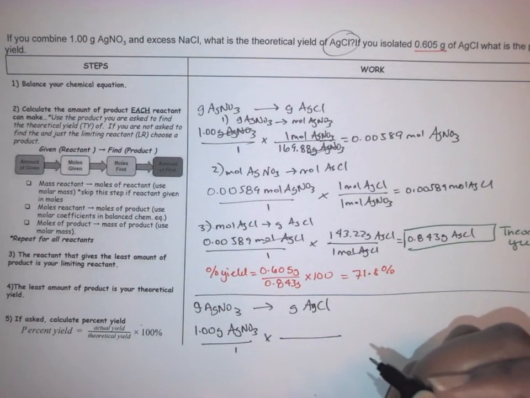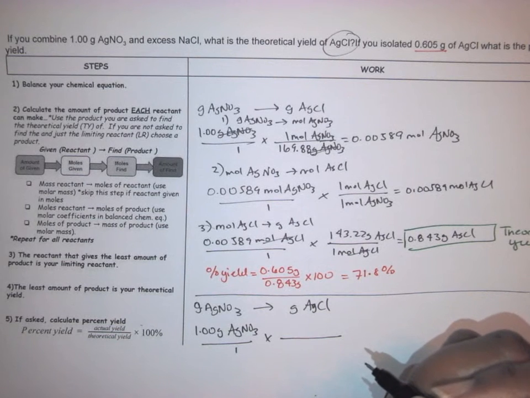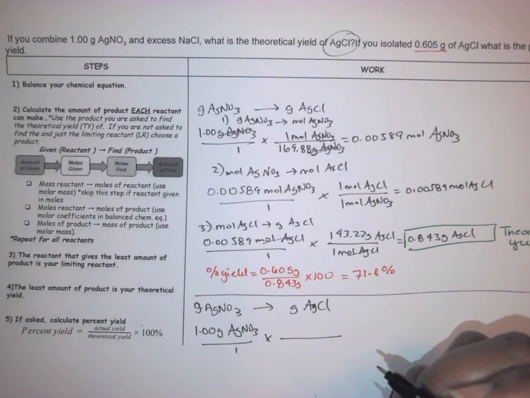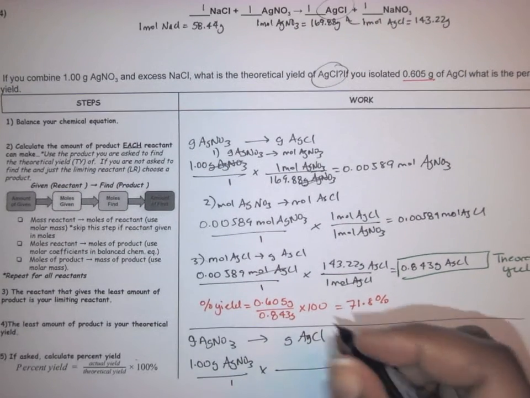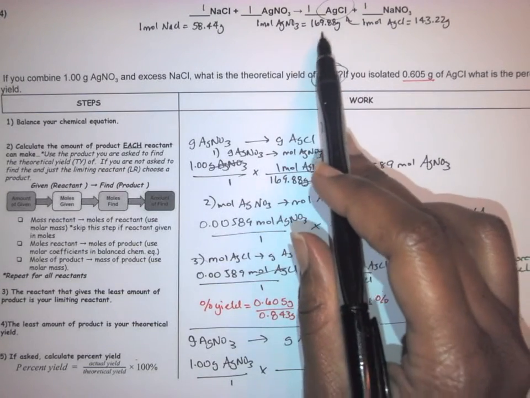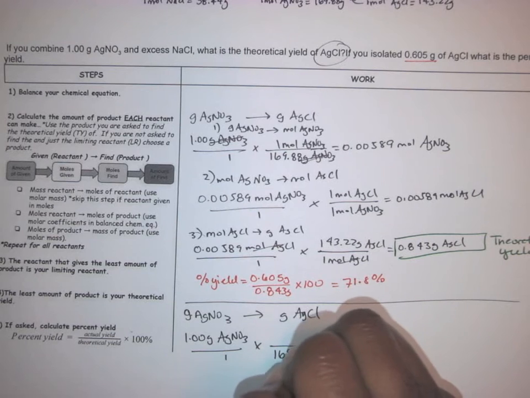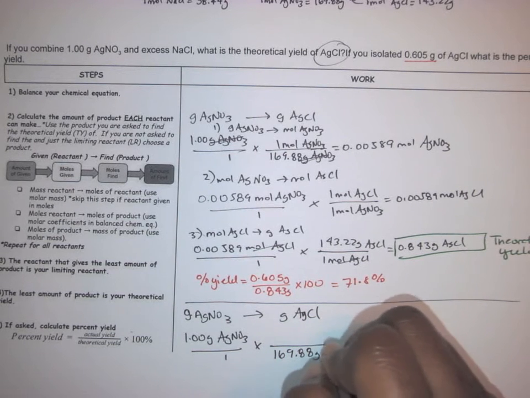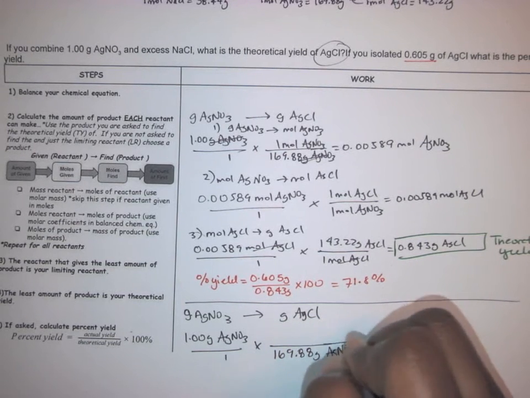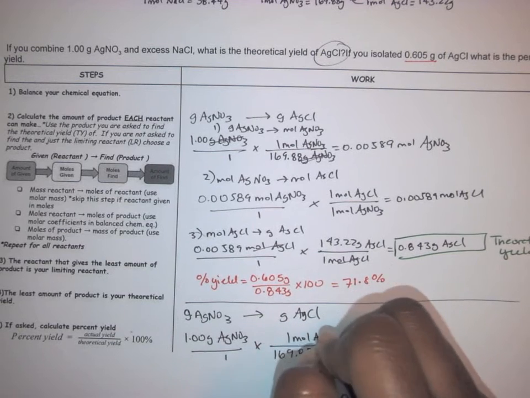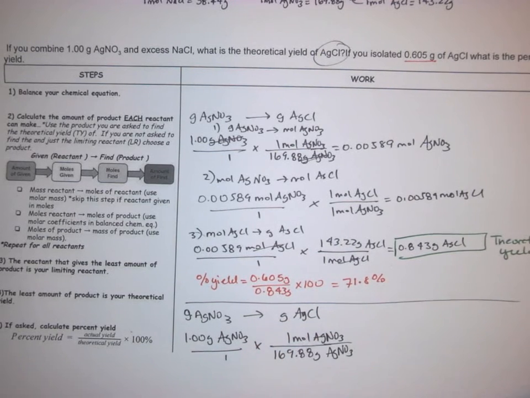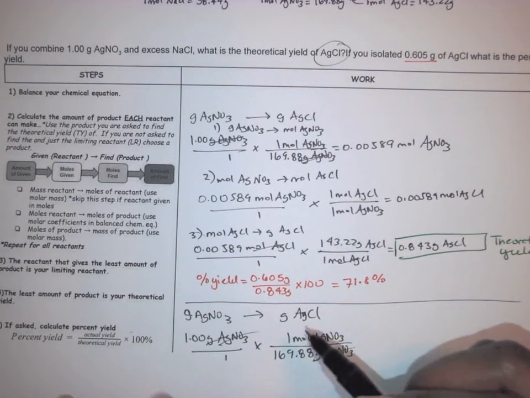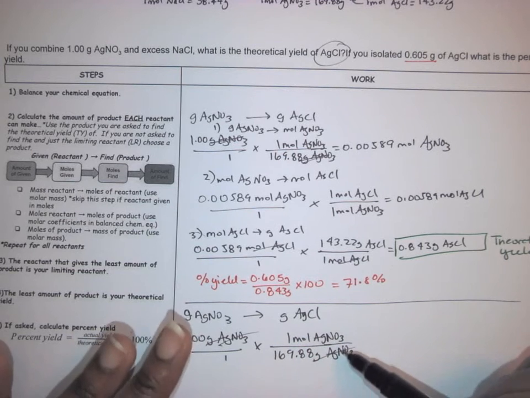What do you think goes in the bottom here, the 169.88 grams or the 1 mole of AgNO3? 169.88 grams, because I'm trying to cancel out the grams here. All right, so I've got my grams canceled out, and I have moles of AgNO3.